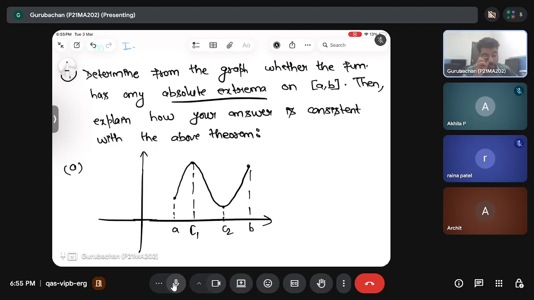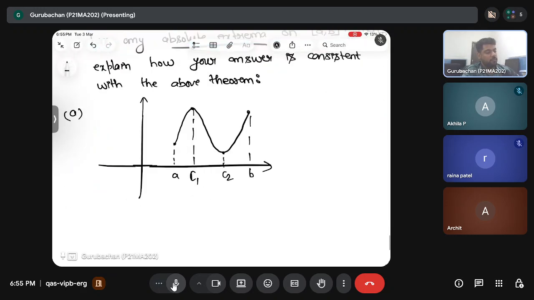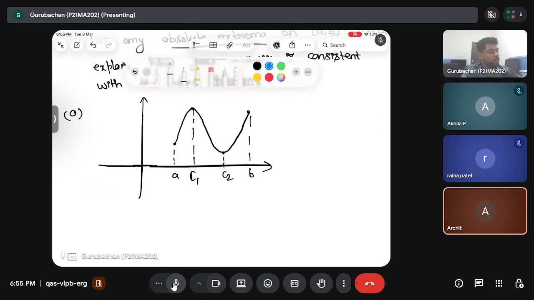From here, tell me first of all whether absolute extrema is existing. If it is existing, at which points they are attained, and is it not contradicting the above theorem, or if it is contradicting, then why? Understood my question? Yes, sir.